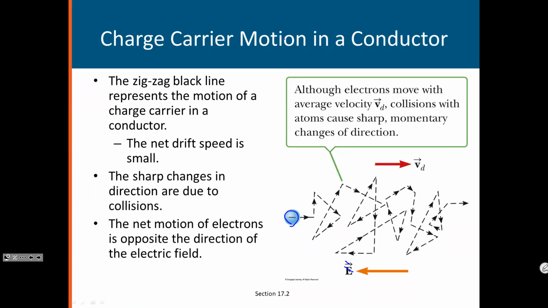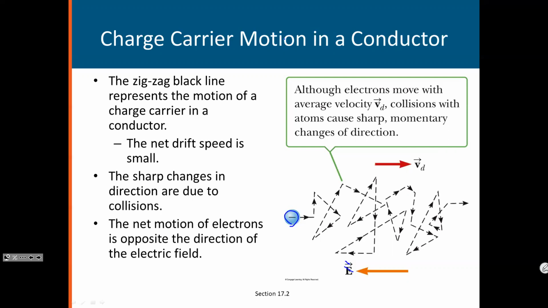This means if there is an electron moving to the right, there will be another electron moving to the left, so it gets cancelled. On average, there is no net motion in any direction. Do you understand what I'm saying? When there is no electric field.